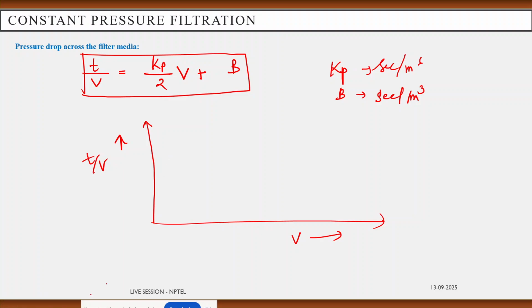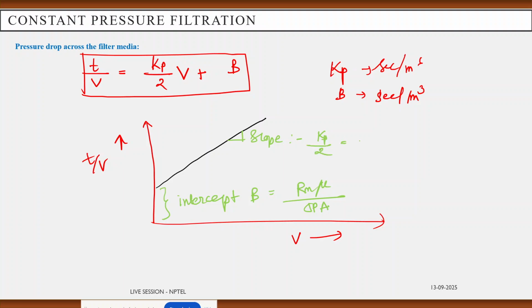So we can have this kind of graph with an intercept that is B equals Rm mu by del P A, and the slope of this graph is represented by Kp by 2, which is alpha mu C by 2 del P A square.